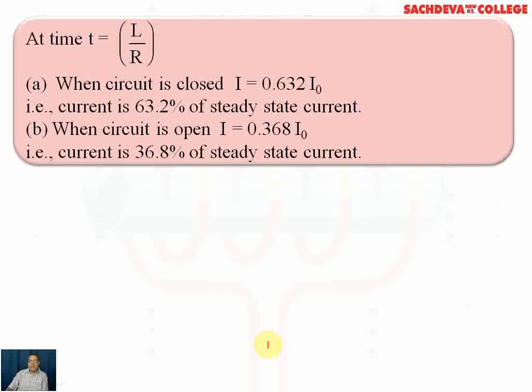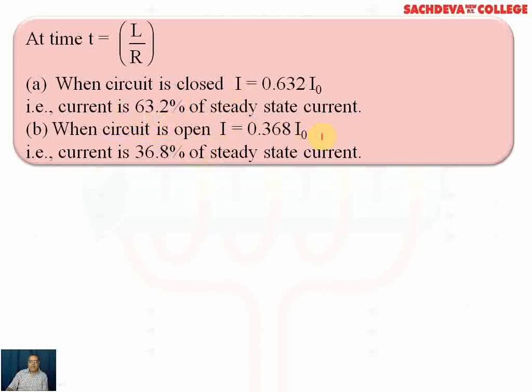When the circuit is closed, the instantaneous value of current is taken as 0.632 I naught, where I naught is called the peak value of the current and I is called the instantaneous value of current. Current is 63.2% of the steady state. When the circuit is open, then I is equal to 0.368 of I naught.